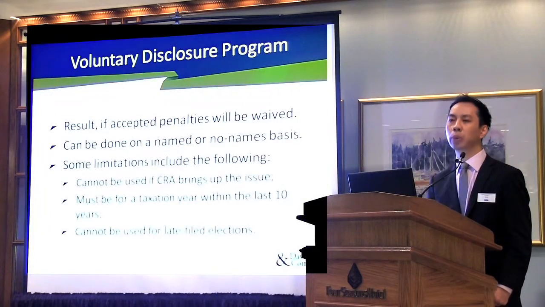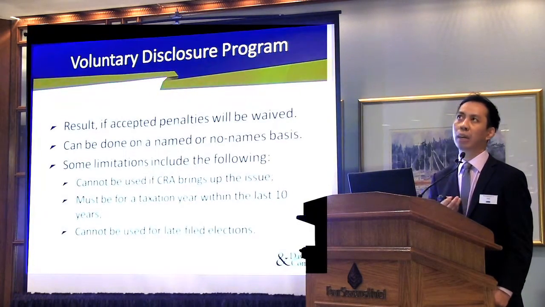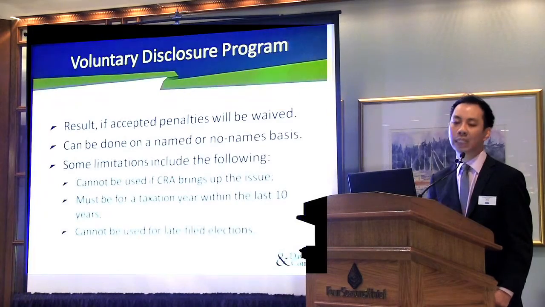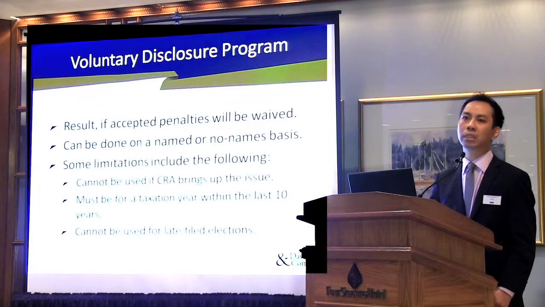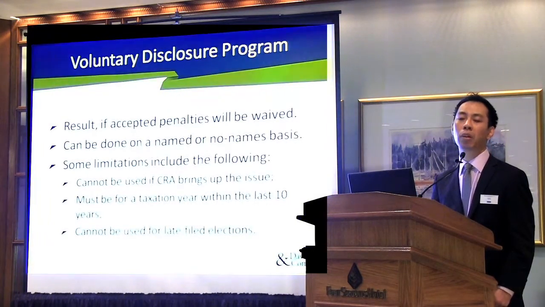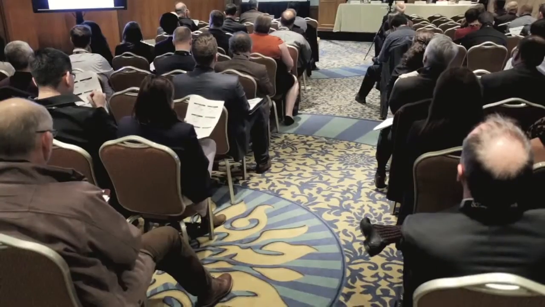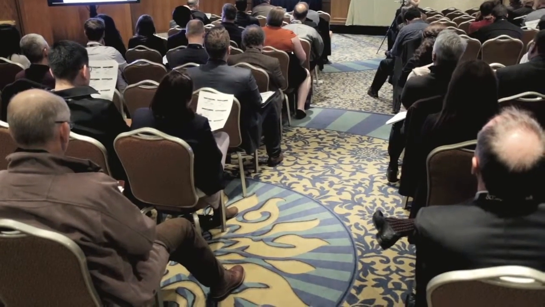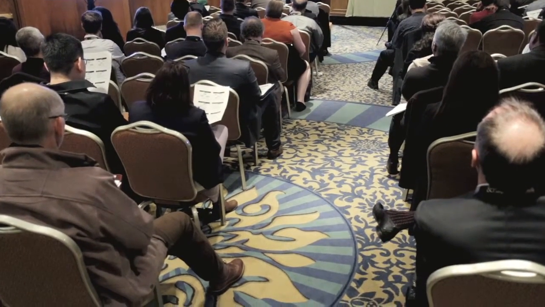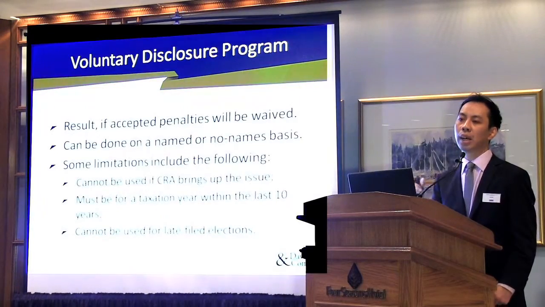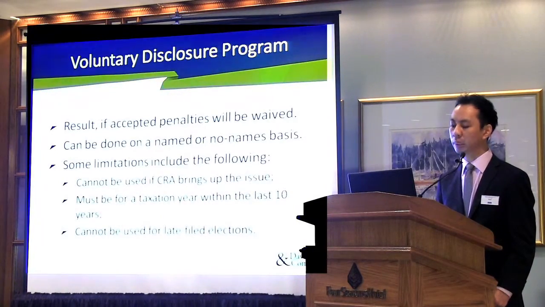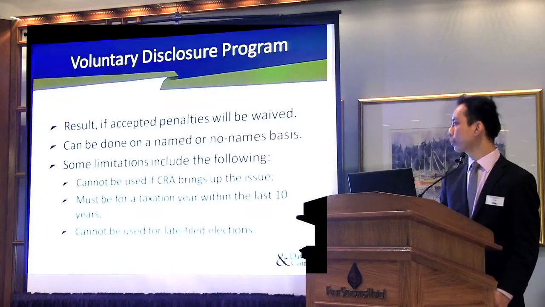So using that Swiss bank scenario, they may take 2 months to give you all the documents, and then your accountants another month to prepare all the filings. Well, if you got caught during that time and you didn't do a no names disclosure, you'd be offside on that first requirement in that it's not voluntary. So by doing that no names disclosure, you're protected for a 90-day window, which is really quite good.